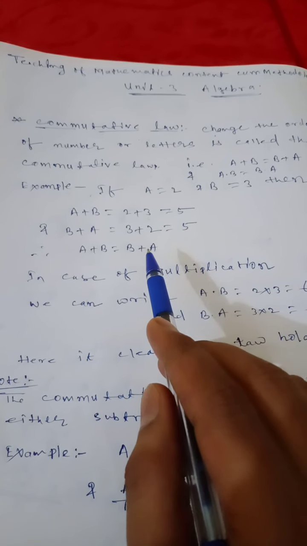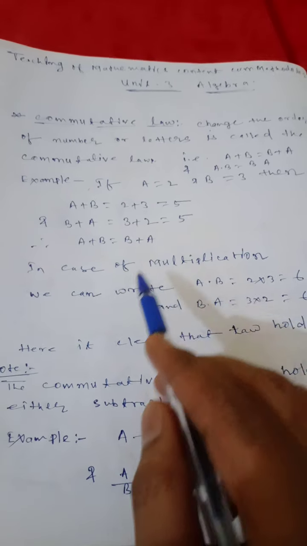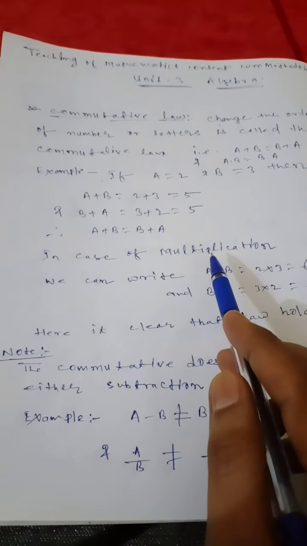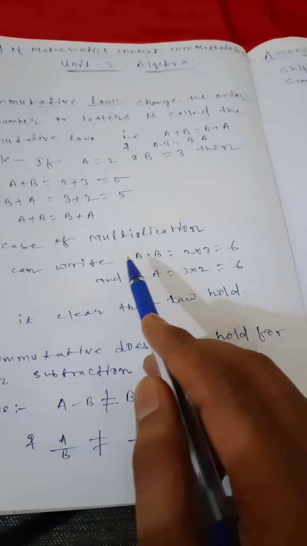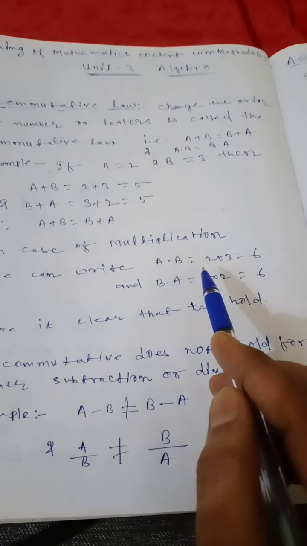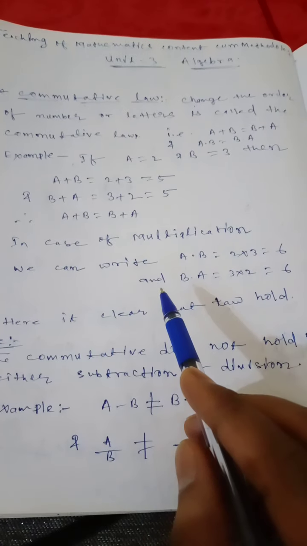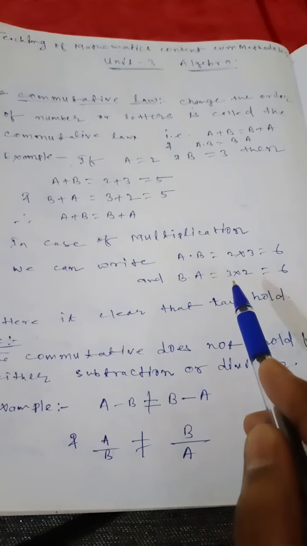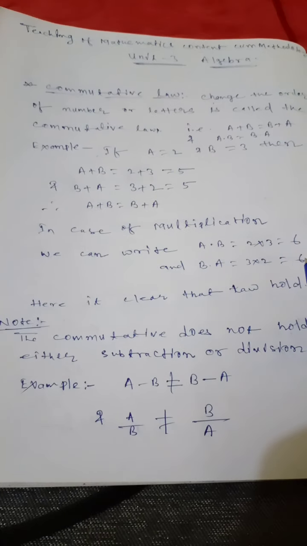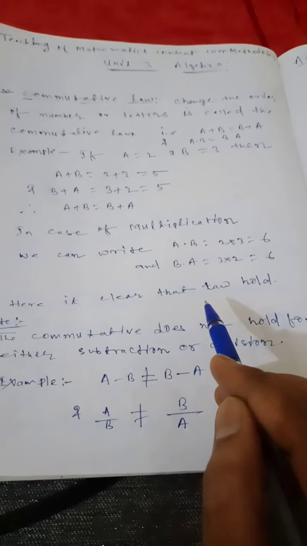So commutative law holds in addition. Similarly, in multiplication, a into b is equal to 2 into 3 is equal to 6, and b into a is equal to 3 into 2 is equal to 6. From above, it is clear that the law holds.